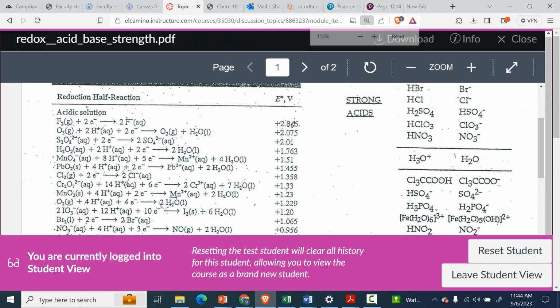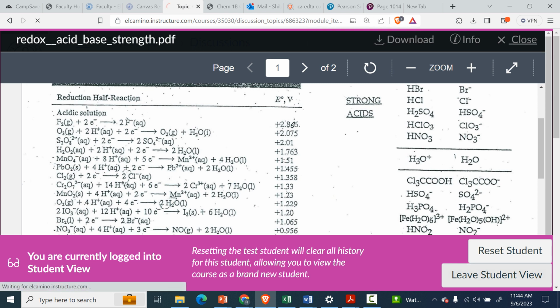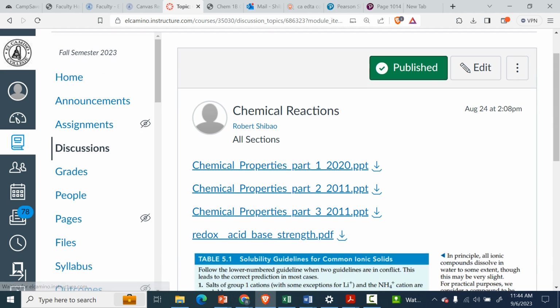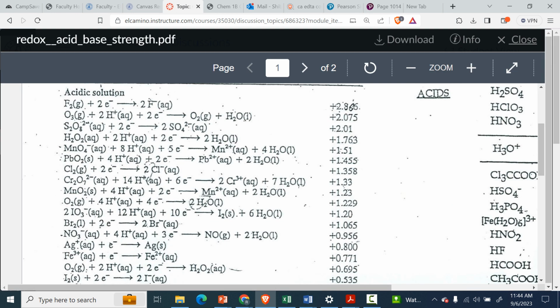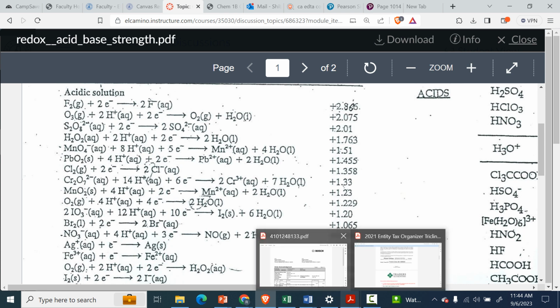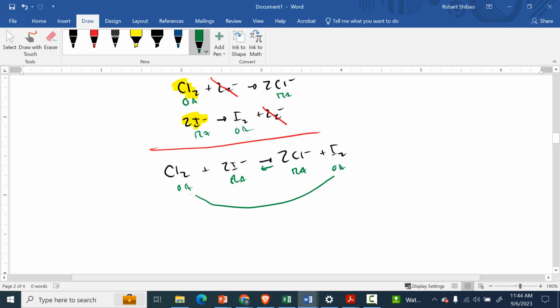So up here we have our chlorine, and then we're dropping down to iodine way here at the bottom. So chlorine to iodine is downhill. So we have driving force here. We're going from stronger to weaker. That's our driving force. If this is correct, then the reducing agents have to be the same. We can verify that as well.